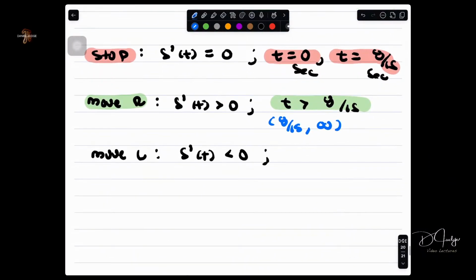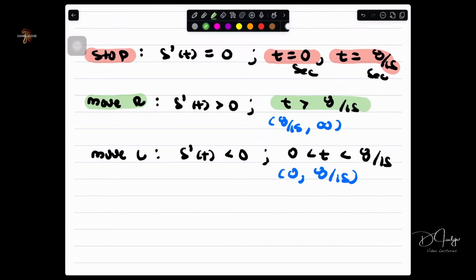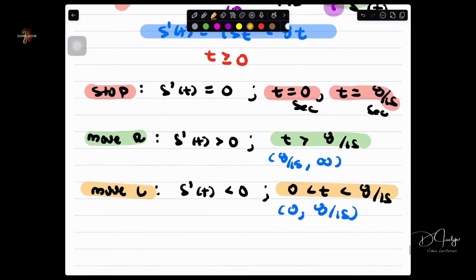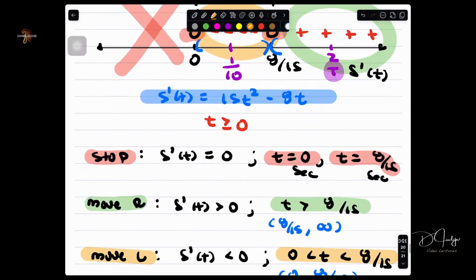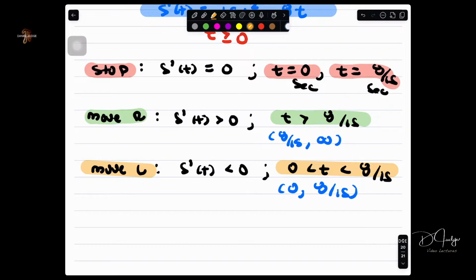So 0 up to 8/15 in terms of interval notation, that means your t is between 0 and 8/15. This is the time interval where your particle moves to the left, ladies and gentlemen. So there's your conclusion. I will send this to you all, and it's sign analysis on that first derivative.